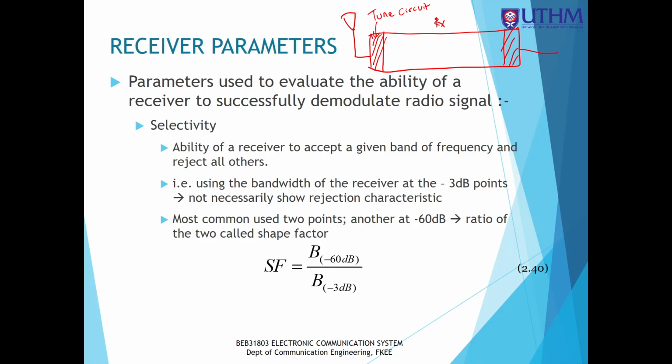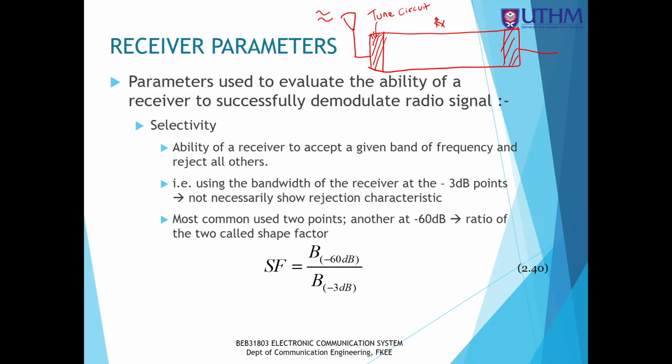The tune circuit consists of filters and an amplifier. What is the purpose of the tune circuit? If you see from this receiver, the antenna receives many signals. There are many input signals absorbed by the antenna.